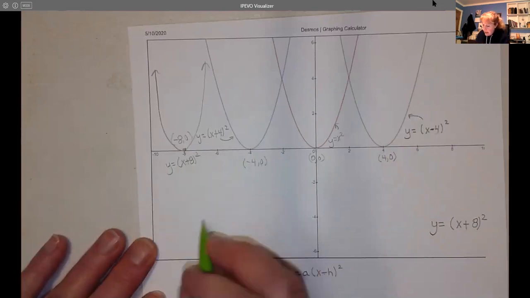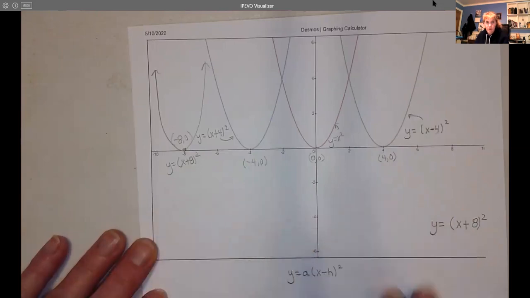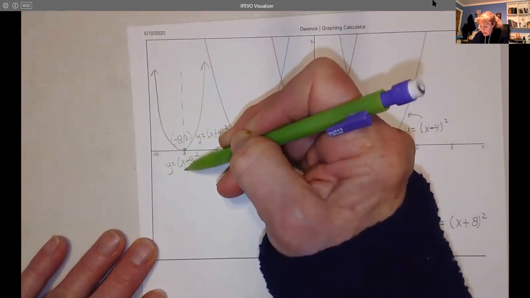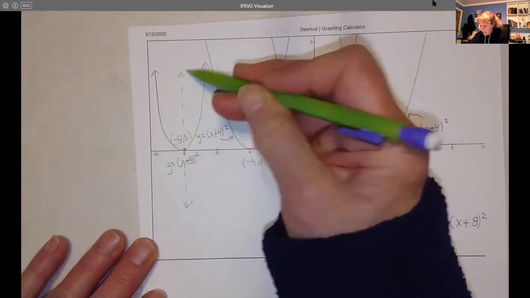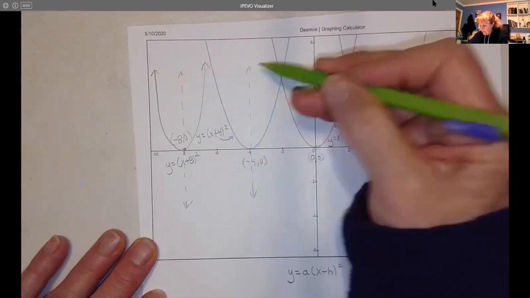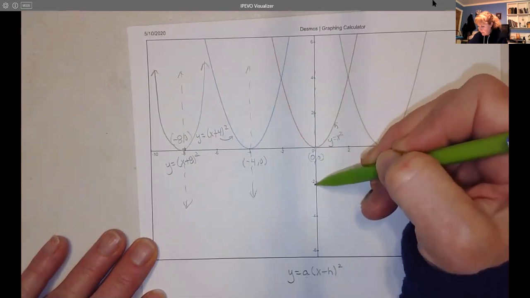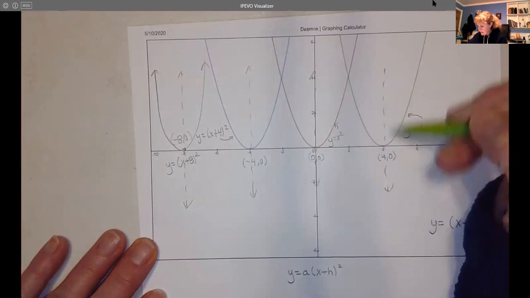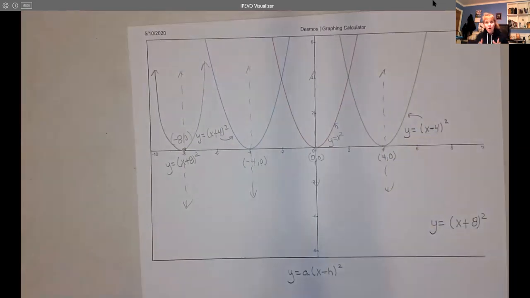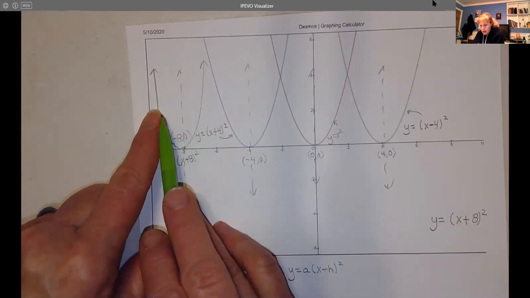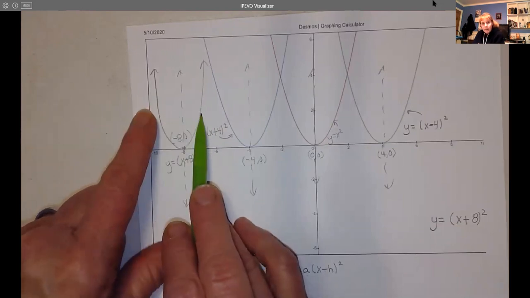All right, so let's look at the axis of symmetry of each of these 4 graphs. Here, the axis of symmetry cuts right down through the middle. And they're all vertical lines, every one of them. If you were to fold it over this vertical line, the 2 sides of the graph would match up.